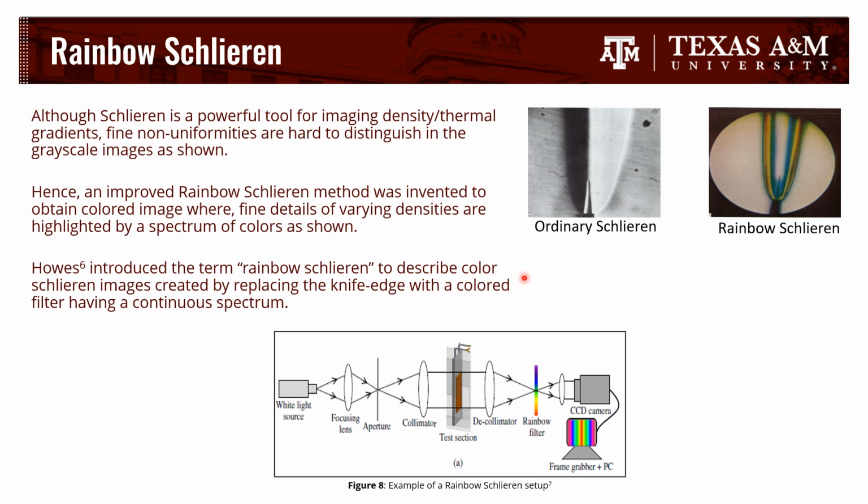Howes, with a team of NASA scientists, introduced the term rainbow Schlieren to describe color Schlieren images created by simply placing a rainbow filter in place of a knife edge, as mentioned previously.